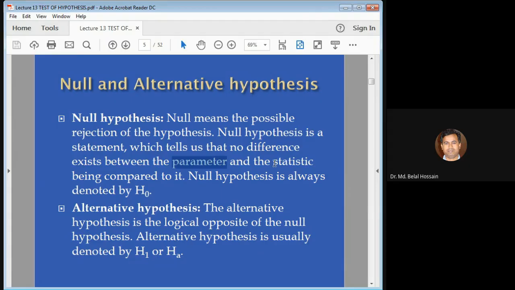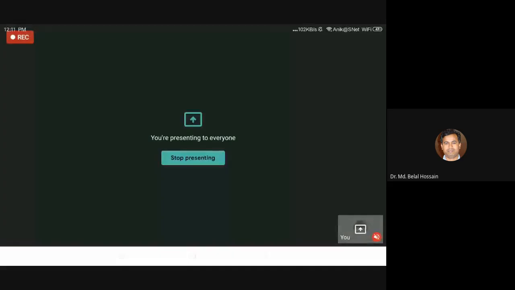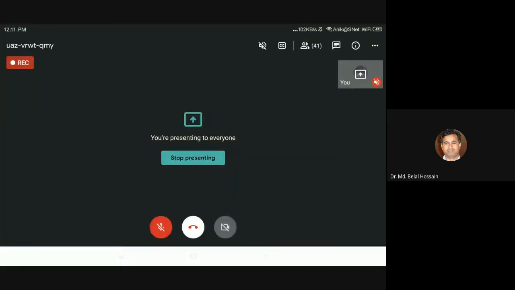Again, a statistic is calculated from a sample. So null hypothesis says that there is no difference between parameter and that statistic value, or otherwise if you take subtraction between the parameter and the statistic, the difference is 0.